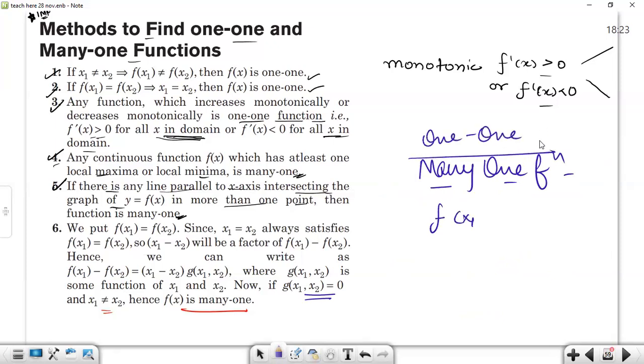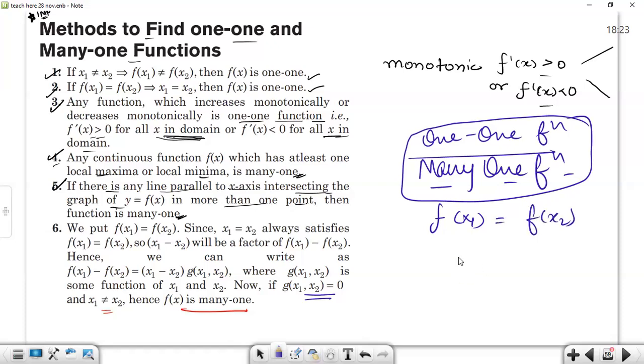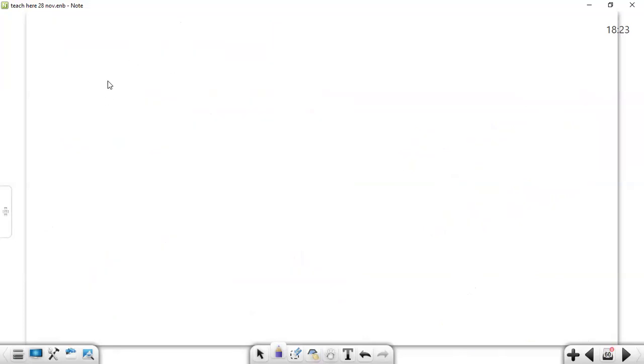To decide between these two, substitute the value of x with x1 and x2, assume the two function outputs are equal, and then solve and solve. If x1 equals x2 comes out as the only condition, then we call our function a one-one function. Otherwise, it is a many-one function.